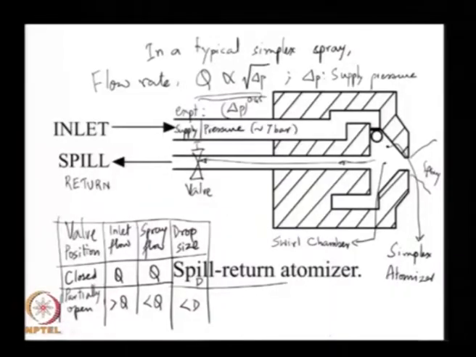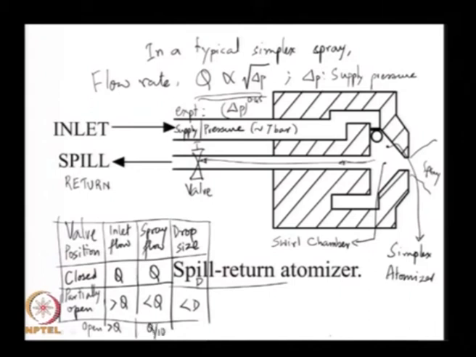Let us say if Q is my completely closed condition flow rate, and if I take the fully open condition, let us just say the inlet flow rate is now greater than Q and the spray flow rate is a tenth of Q. So, this is assuming a turn down ratio on the order of 10.